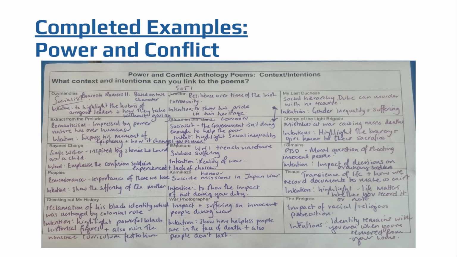The students did it independently, and then this is what I wrote under the visualizer with them at the end. So this was through Q&A, so I got them to tell me what they remembered, and we made sure that we had one context point and one intention point for each of the poems. So you can see that here. Some are easier than others, if I'm honest.